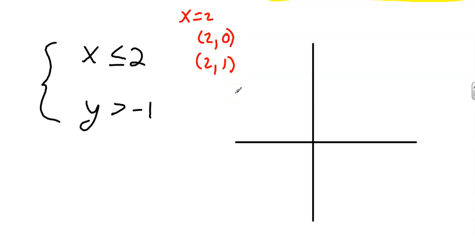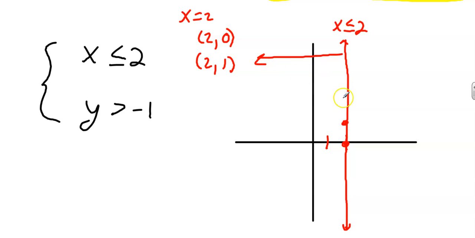Graph those 2 points, and then that'll give you the general direction of the way the line's going to go. So if you go over to (2, 0), that's a point here. If you go to (2, 1), that's a point here. So x less than or equal to 2, that's going to be a vertical line. And the good thing with x is the arrow is pointing to the left, which means when you start shading, it's going to go to the left.